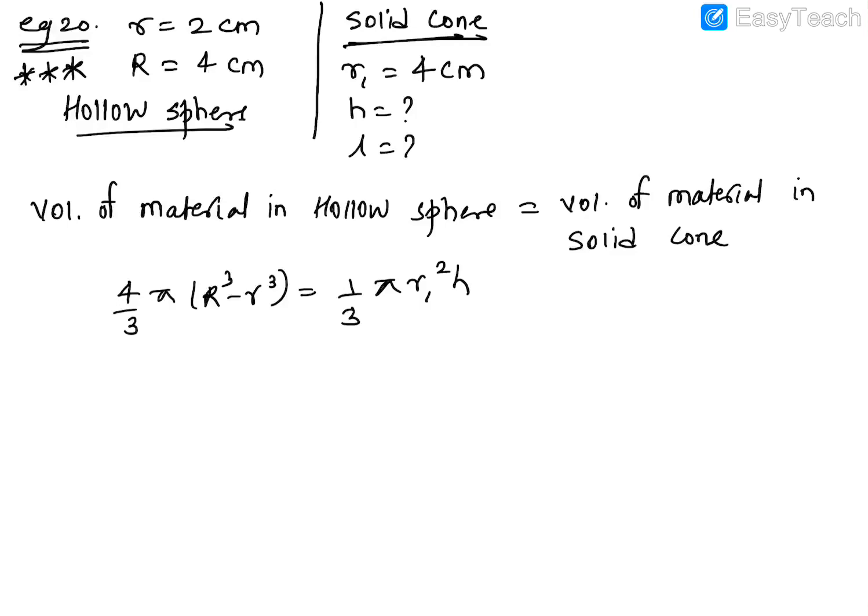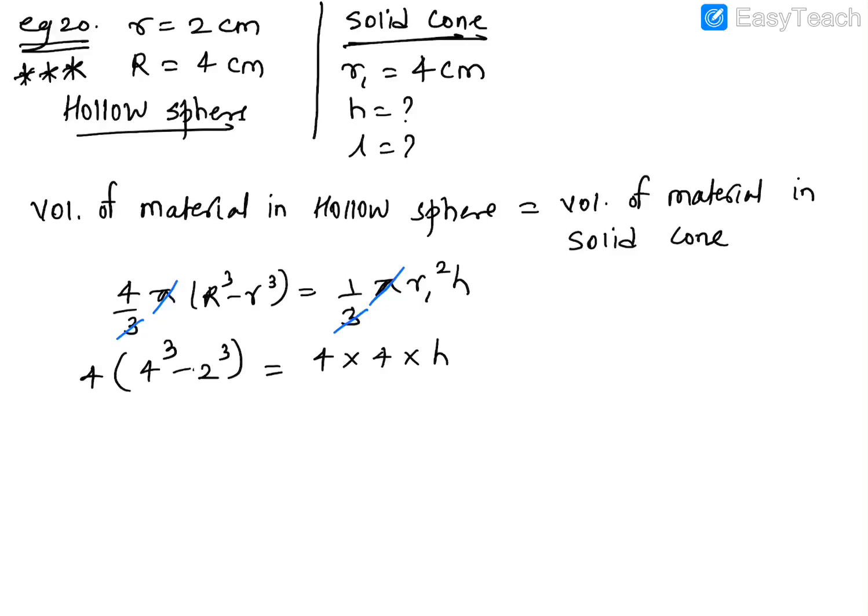Now what all can we reduce here? We can cancel pi and pi, 3 and 3. Now what are we left with? 4 into (4 cube minus 2 cube) is equal to r squared, so 4 into 4 into h.